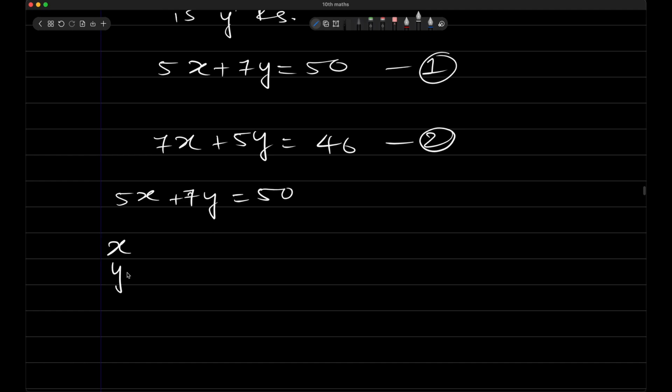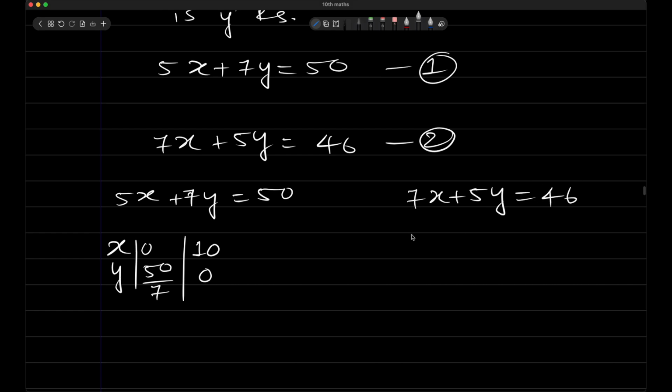If we put x equals to 0, we will get 7y equals to 50, that is y equals to 50 divided by 7. If we put y equals to 0, we will get 50 divided by 5, that is equals to 10. For second line, that is 7x plus 5y equals to 46. If we put x equals to 0, we will get y equals to 46 divided by 5. And if we put y equals to 0, we will get x equals to 46 divided by 7.